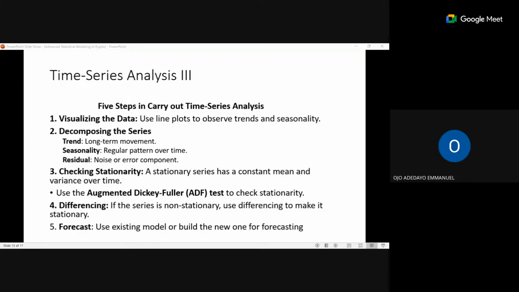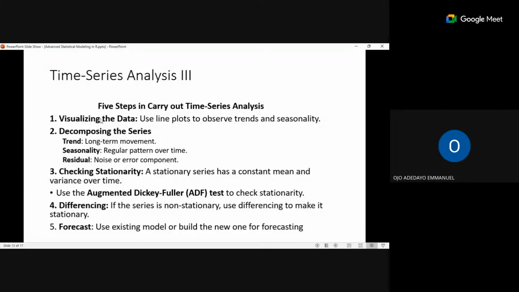It means that you should be able to decompose your data, split your data, and bring out the trend from the data. Then the seasonal component, where you check the irregular pattern over time. Then the residual, the noise or error component. So these 3 things, you have to get when you are decomposing your data.